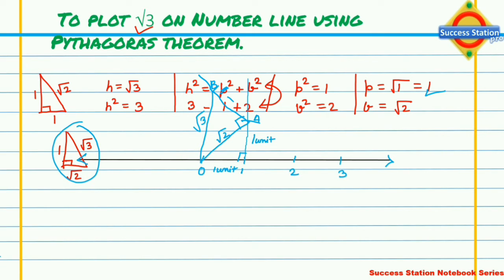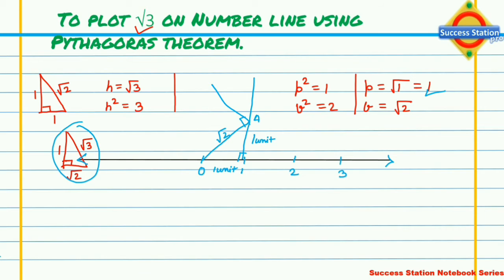I'll just erase it so that it becomes clear. Once again I'll draw. Okay, so we had this root 2, and drawn a perpendicular over here. Now we'll draw the perpendicular to this.